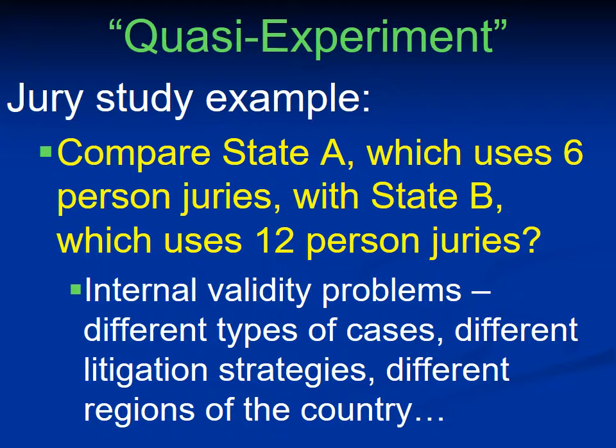So if we did want to use this quasi-experimental design, we would try to minimize those if we could by finding two states that are as similar as possible on all those other measures, but that differ only in their jury size requirements.